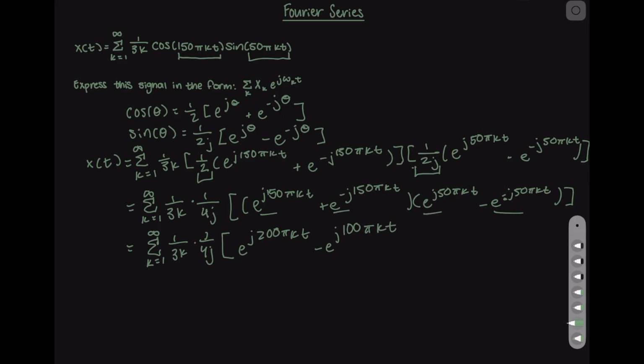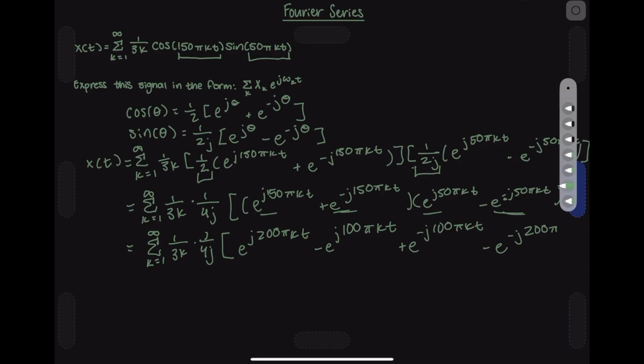These two terms next give us e to the negative 100 pi k t, and then these last two terms will give us negative e to the negative j 200 pi k t.